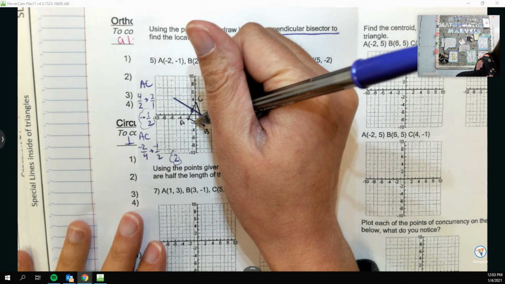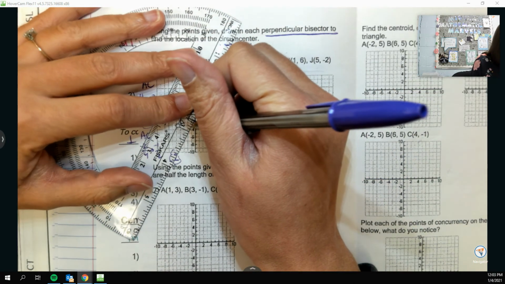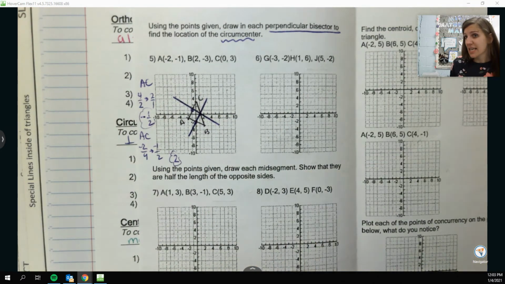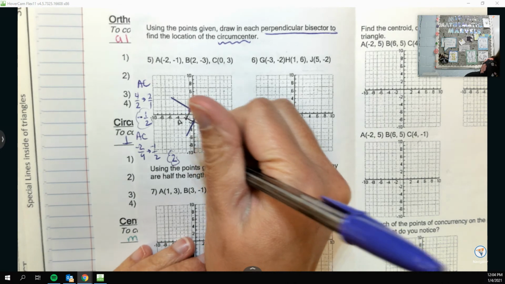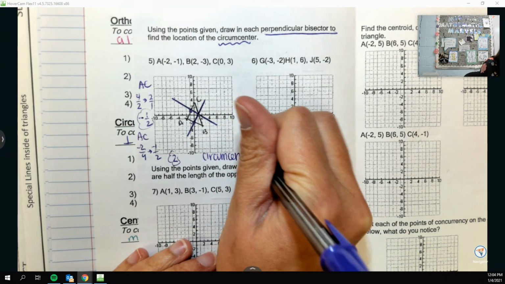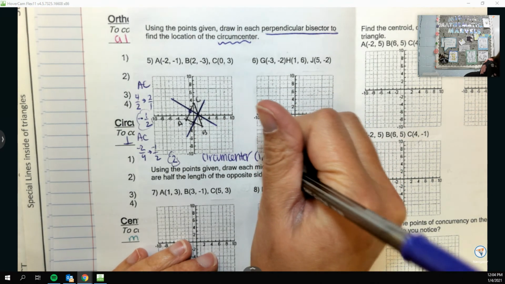And so from here, I need to go up 2 over 1, which actually goes through the other point that I just plotted, which is kind of nice. Like, again, that doesn't have to happen, but that helps me to find that my circumcenter is right where they crossed here, which is at 1, 0.